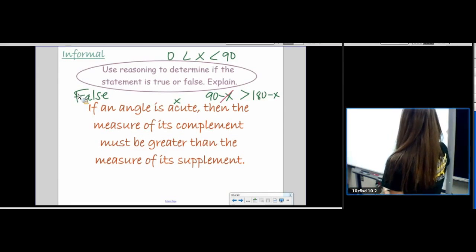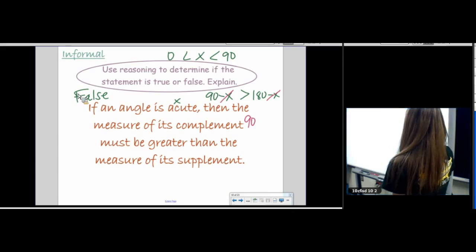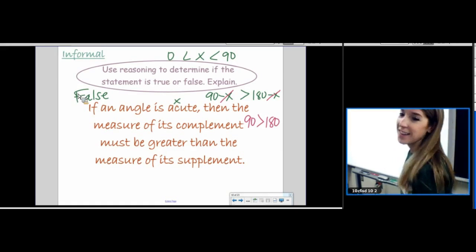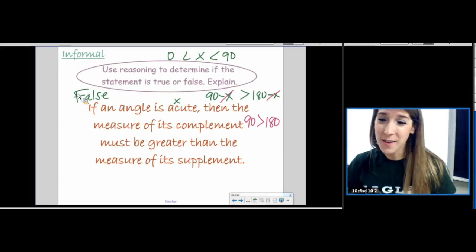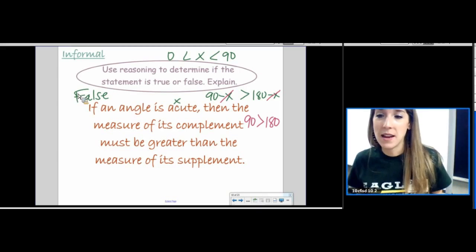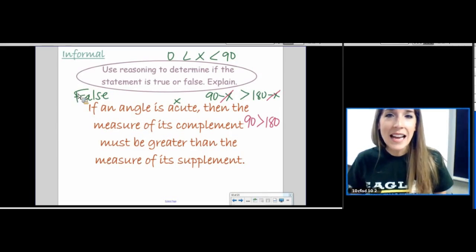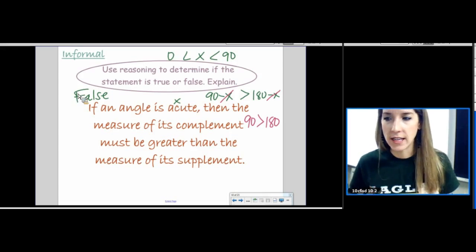They're going to be gone. Well, what's left over? Since when is 90 greater than 180? Never. So I would say that's a false statement, and after we did all the algebra, we realized that's false because 90 cannot be greater than 180. So that would be our explanation.